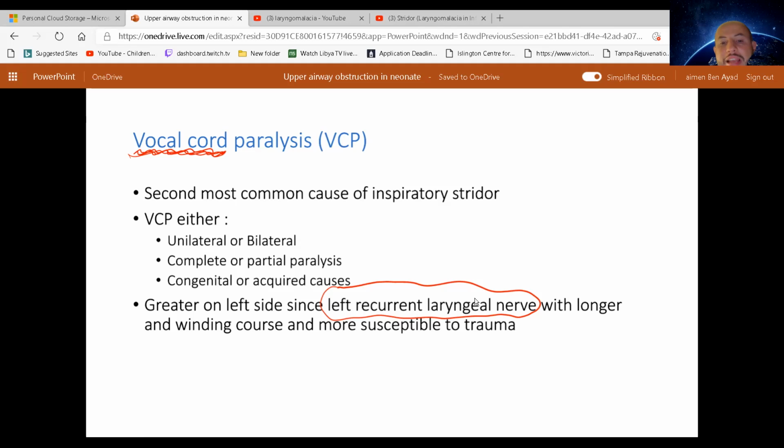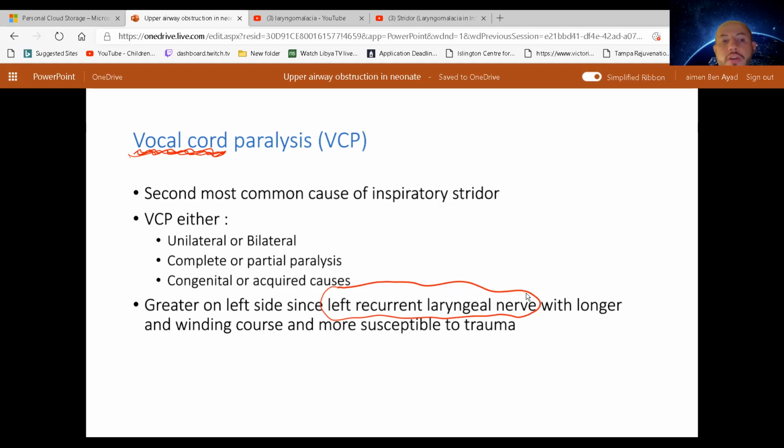This nerve is more likely to get injured than the right recurrent laryngeal nerve. The third most important thing is that if the baby has vocal cord paralysis, it usually presents with stridor and voice involvement, so it's going to be hoarseness of voice or a soft voice. That's the clue for the board, okay?